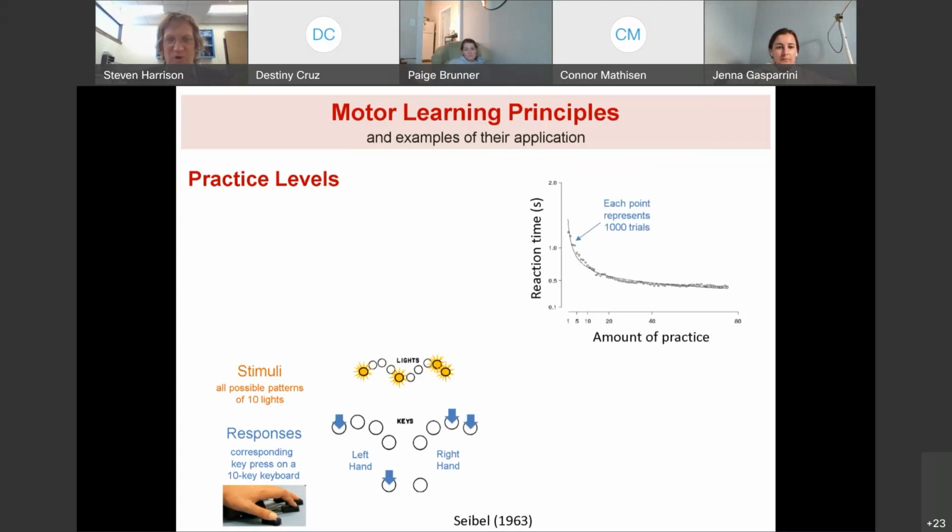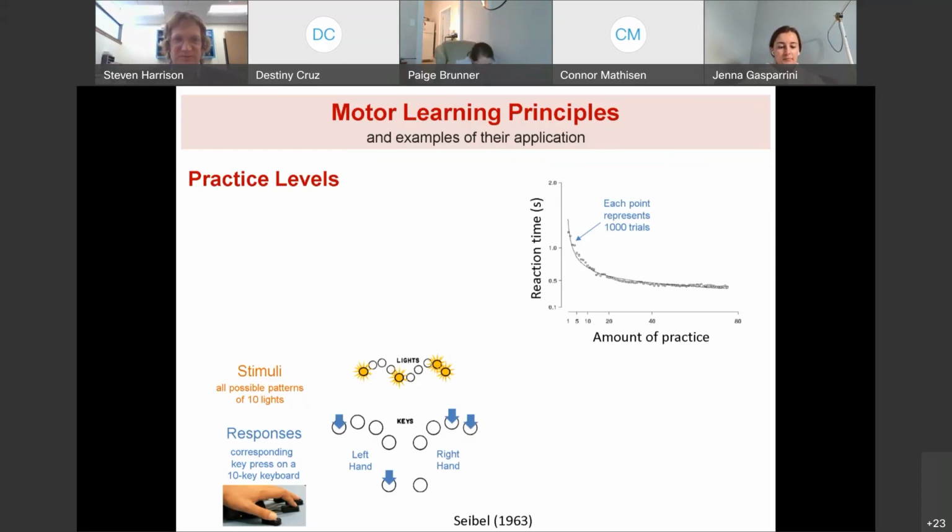And what you're getting a window into here is the consequences of participants taking a lot of practice, and we're seeing the consequences of that practice unfolding over time. So on the x-axis, we have amount of practice, where we're looking at the number of blocks of trials. Each one has 1,000 trials in it, and then we're seeing reaction time on the y-axis.